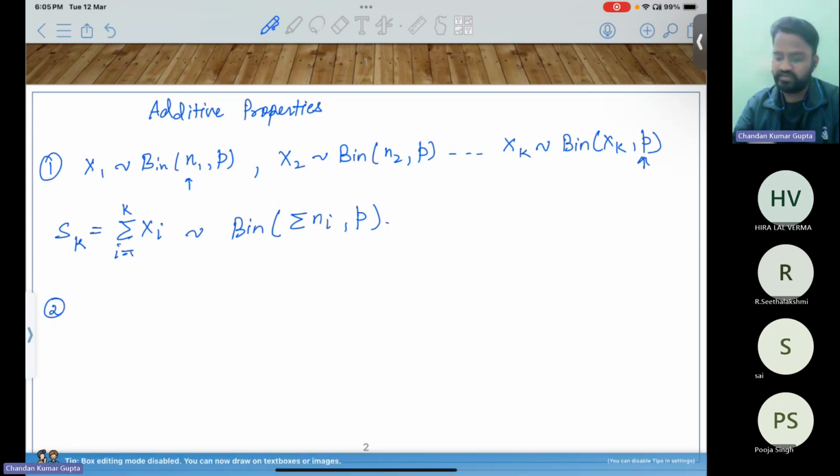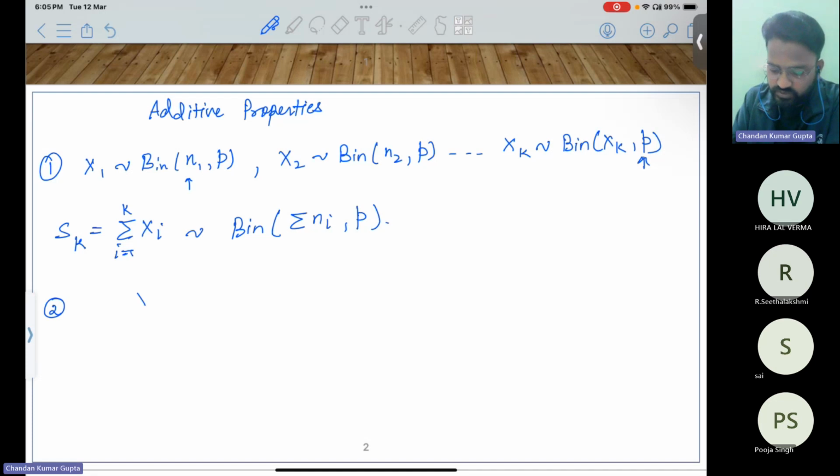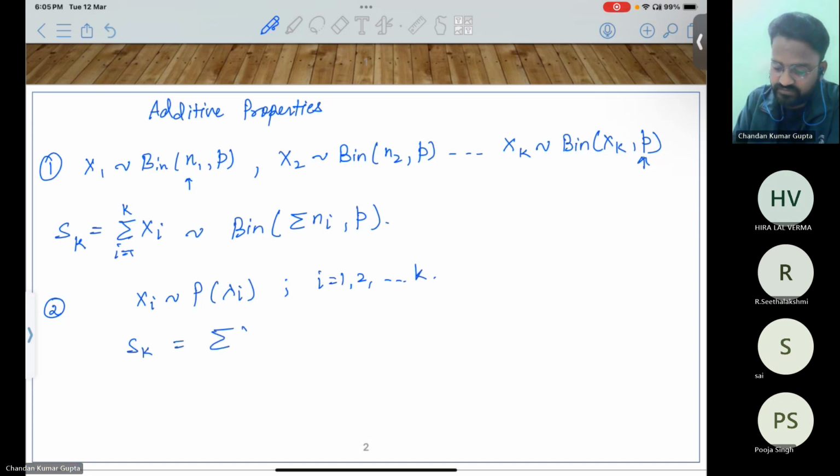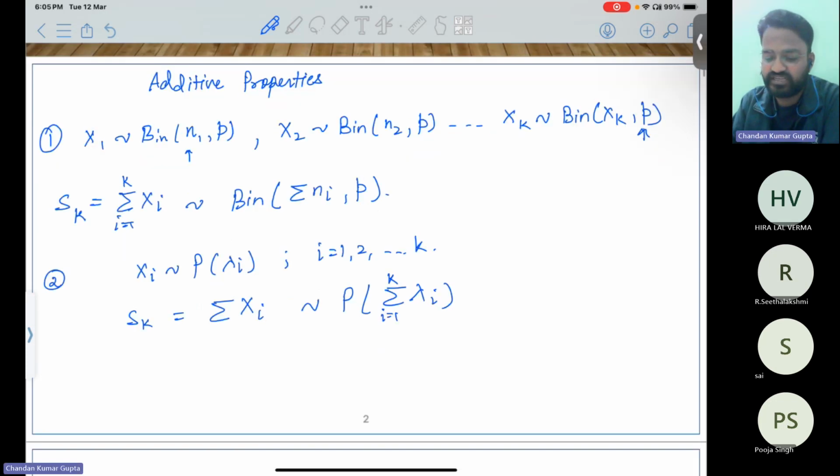In the same way, for Poisson distribution, suppose Xi follows Poisson(lambda i) for i equal to 1 up to k. Then again the sum follows a Poisson distribution with parameter summation of lambda i. That means the binomial distribution and Poisson distribution hold the additive property.